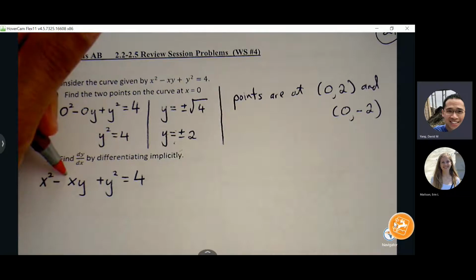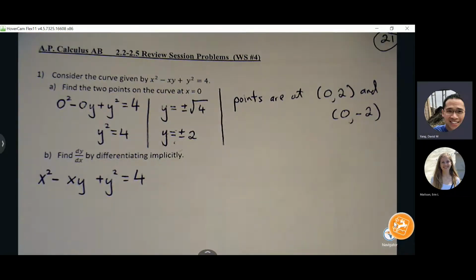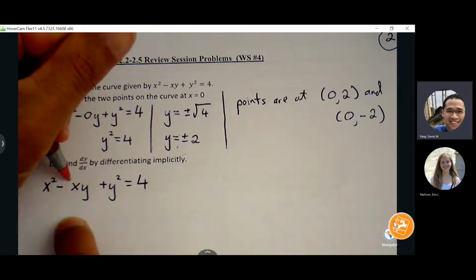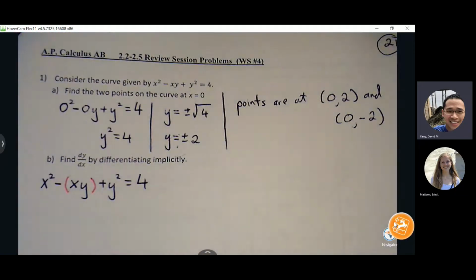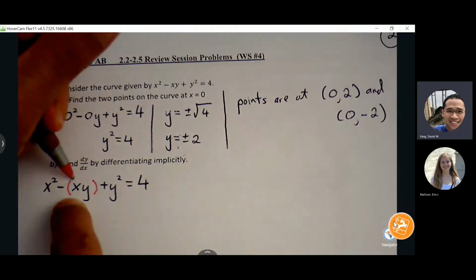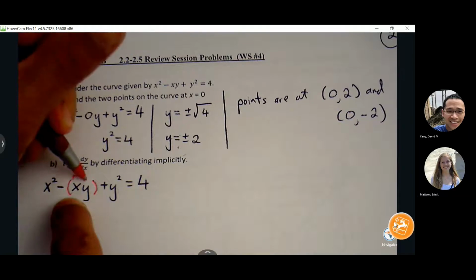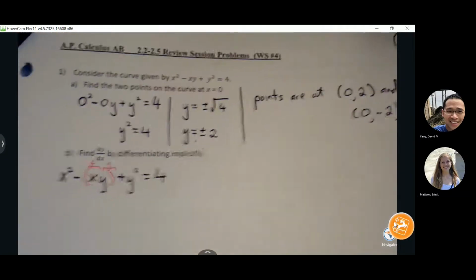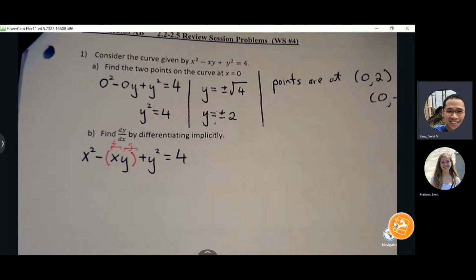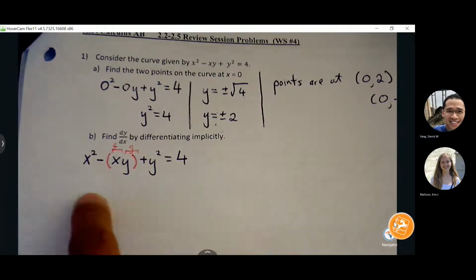So I like to protect that xy with a set of parentheses so that when I expand using product rule, I don't forget about that negative. So there's my setup for my next step, which is product rule.